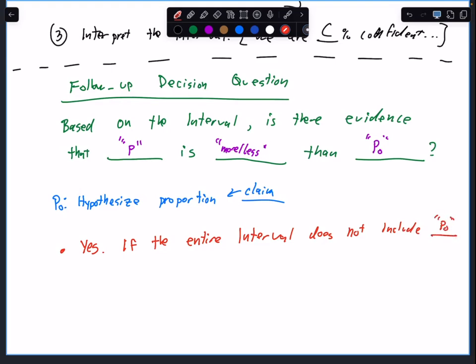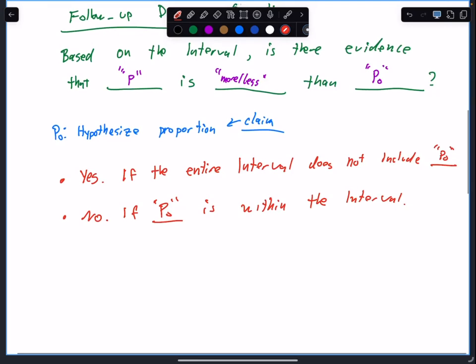So yes, there's evidence that it's false. This is where it gets tricky. And then the answer is no if p naught is within the interval. Let me explain this, because how you interpret the word yes and no can get a little confusing.